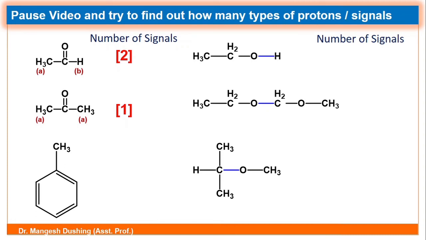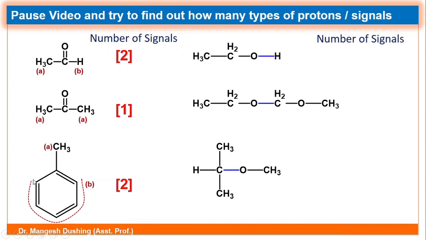While in toluene, this CH3 is different from these aromatic protons. So all these aromatic protons are considered equivalent at TYBSc level, although these are ortho, these are meta, this one is para, all 3 are different. But if this group is strongly electronegative or strongly electron donating, then there will be a differentiation between ortho, meta and para.